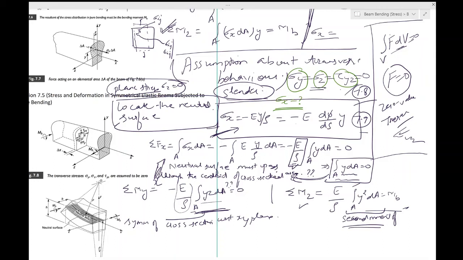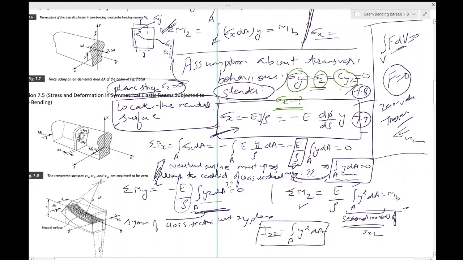It can be computed once the specific shape of the cross section is known, and we'll just call it Izz. If it's a rectangular one, you would know what it is. If it's a circular one, you would know what it is. In APL 100 itself, I think you have done enough of these things.